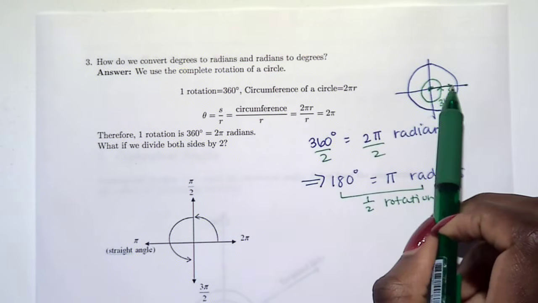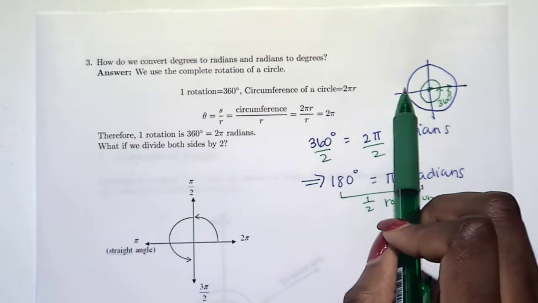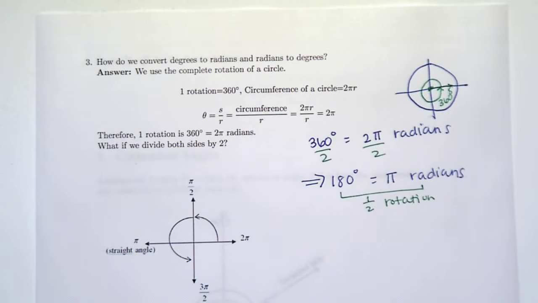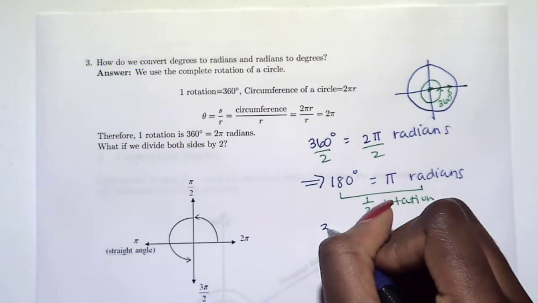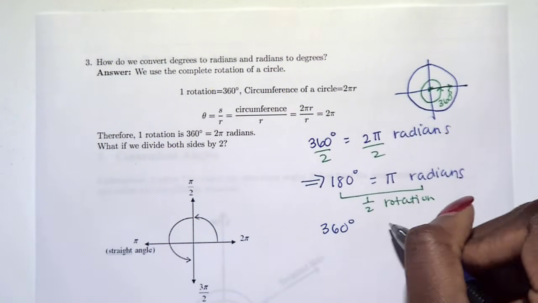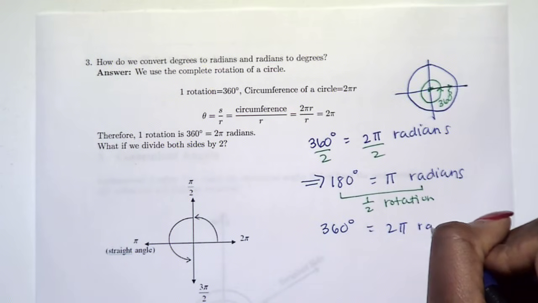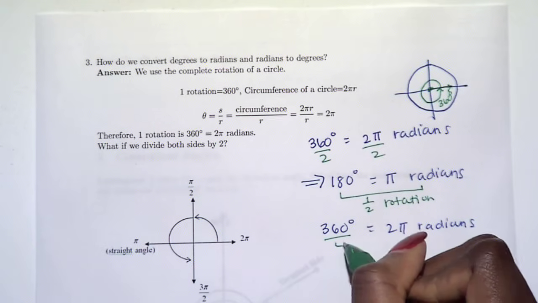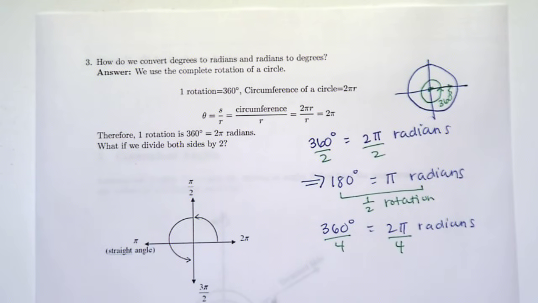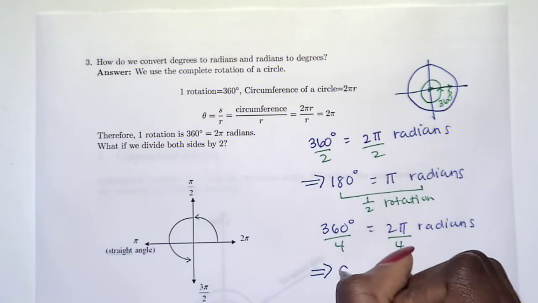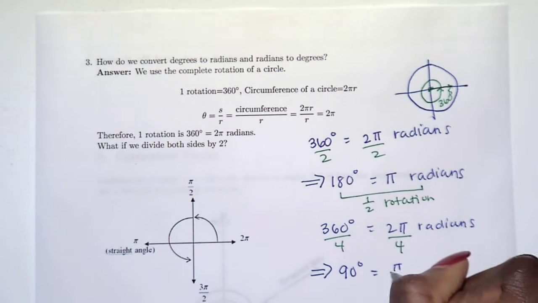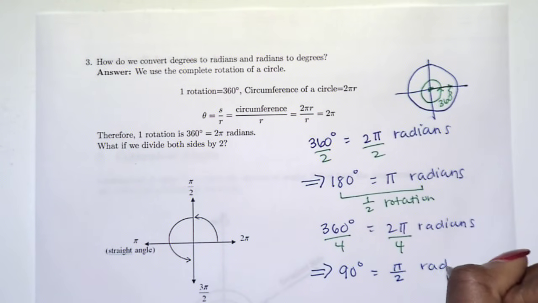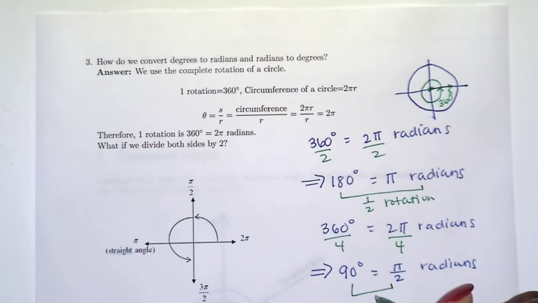From here to here is 180 degrees, also known as pi radians. What if we had divided by 4? So 360 equals 2 pi radians, and we divide both sides by 4. We get that 90 degrees is pi over 2 radians. And this gives us one quarter of a rotation.